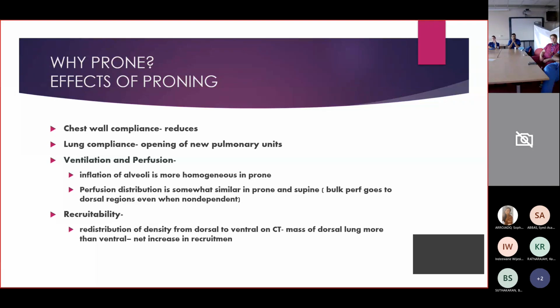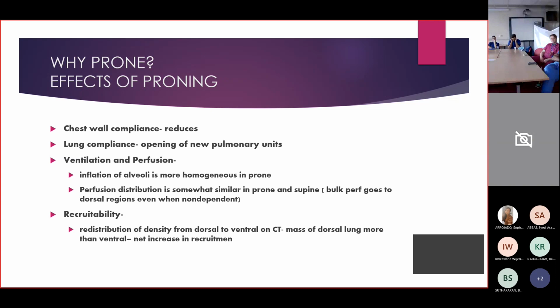So the improved lung compliance actually offsets the decrease in the chest wall flexibility. But we have to keep an eye on the plateau pressure.